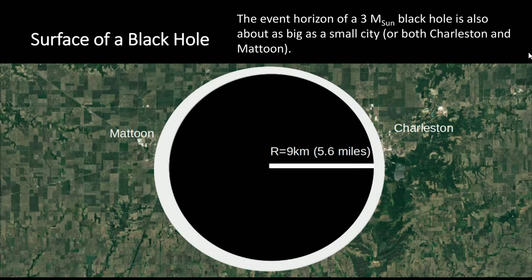It turns out it's pretty similar in size to the neutron stars we were talking about last class. The event horizon for a 3 solar mass black hole is just a little bit smaller than the radius of a neutron star, so about the size of a small city.